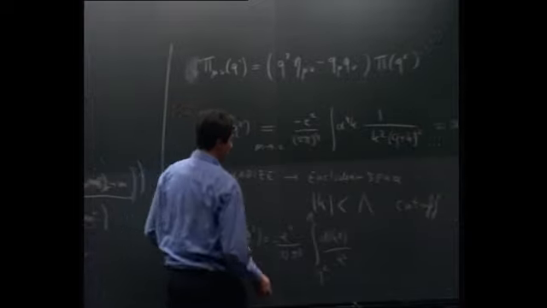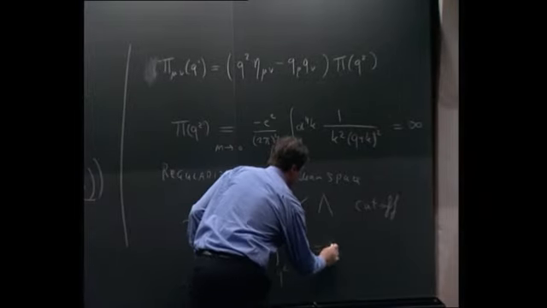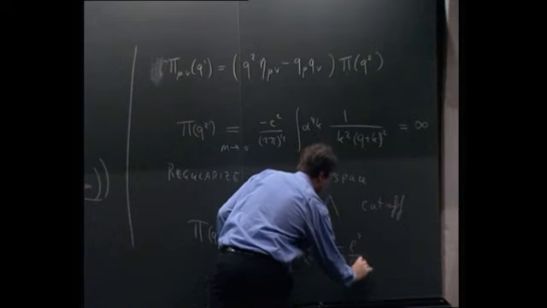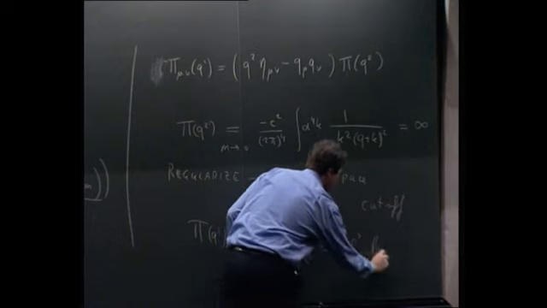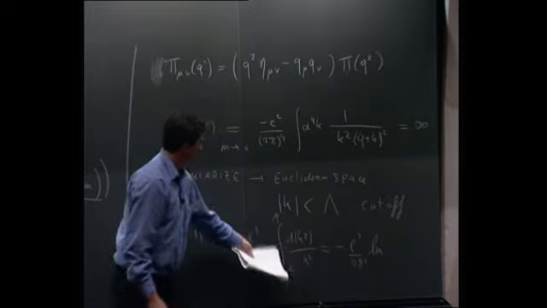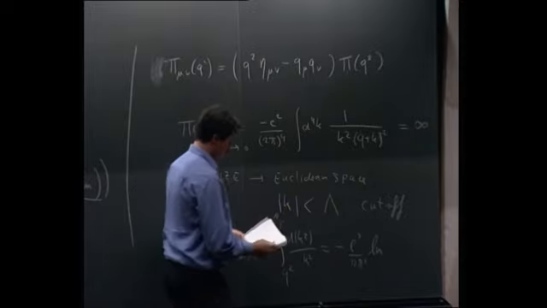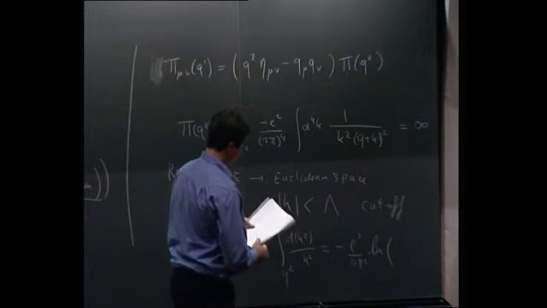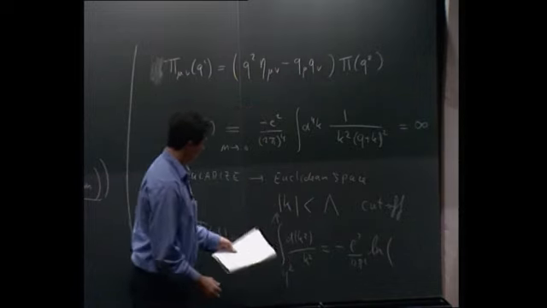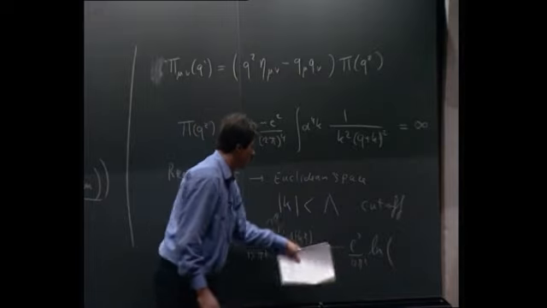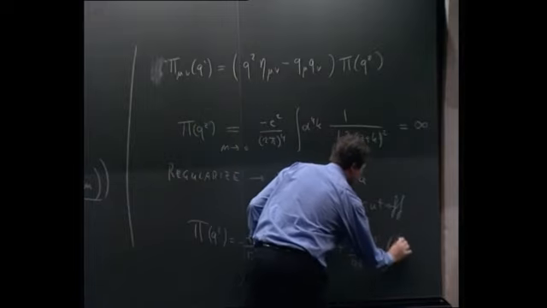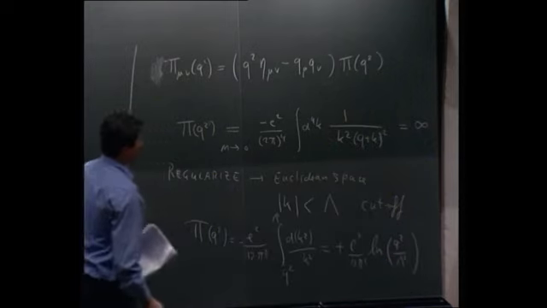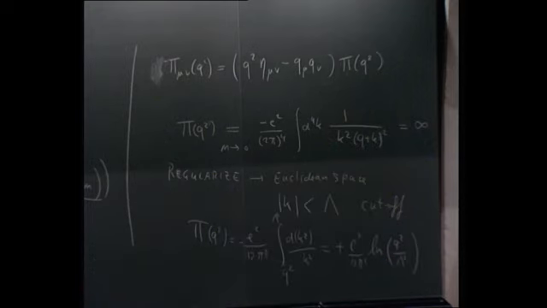Anyhow, the expression which I get is a logarithm of the cutoff divided by q squared. Actually, if I change the sign, I'll get q squared over the cutoff squared. So that's the final answer.